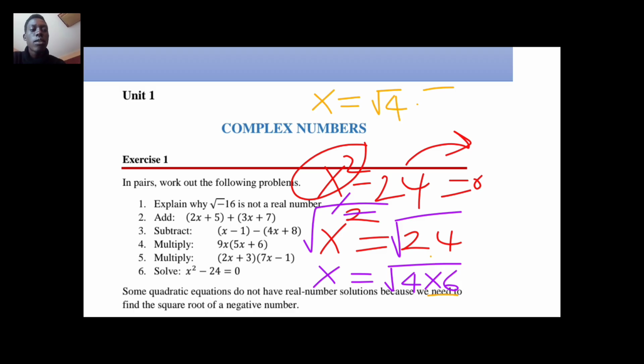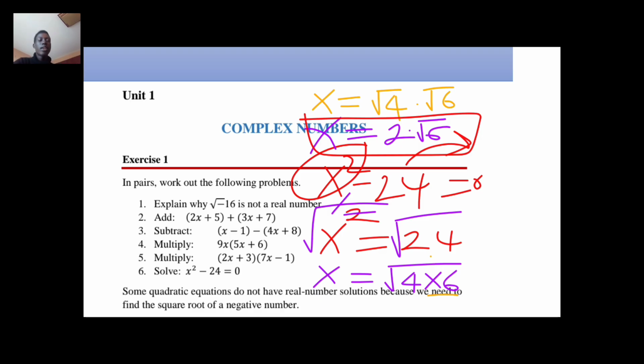Finally, you know root of 4 is 2, but we don't have root of 6. You will leave it in this form. It will not change anything. So this one will be the final result. X is equal to 2 root of 6.